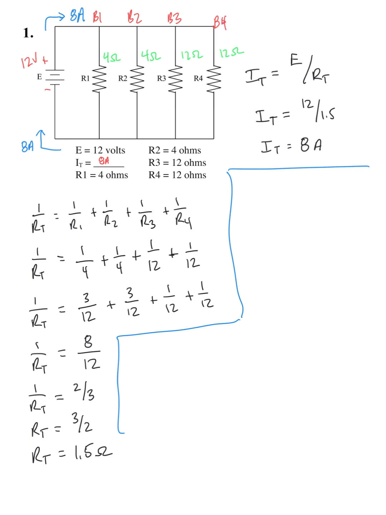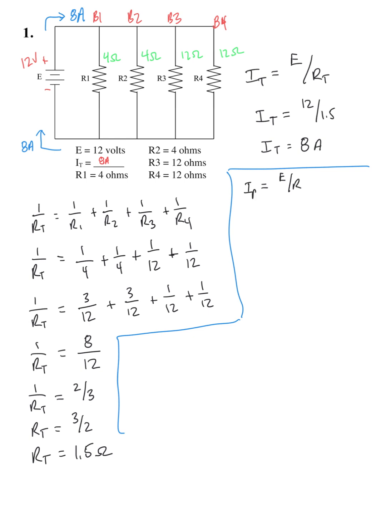Oh, geez, that's terrible 4. Okay, so if we want to fill out these, we know that each one's got 12 volts at it, and we really only have to solve for R1 and R3 because those will be the same for their companions R2 and R4. So current is equal to voltage divided by resistance.